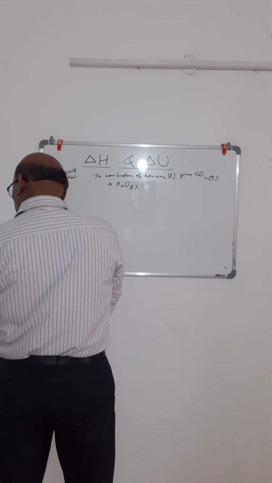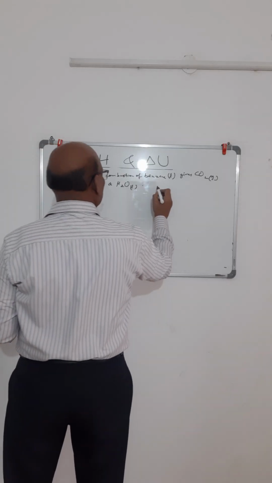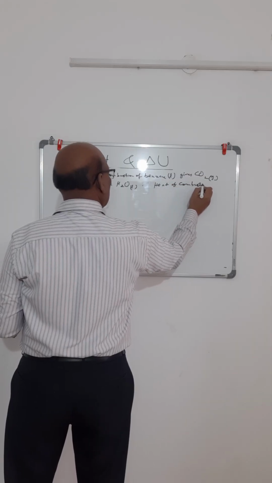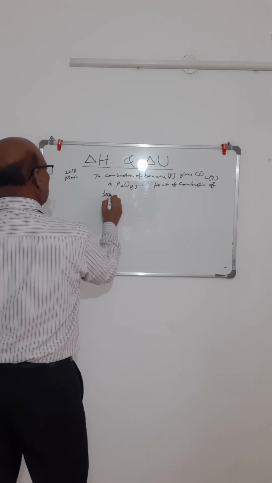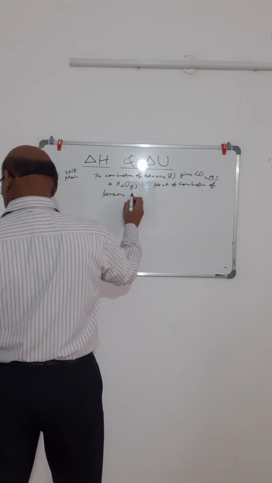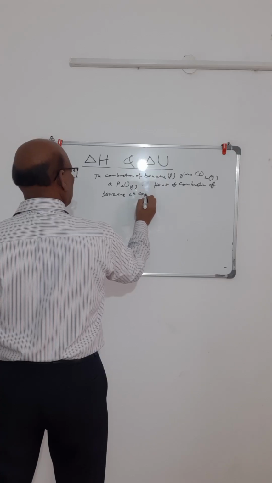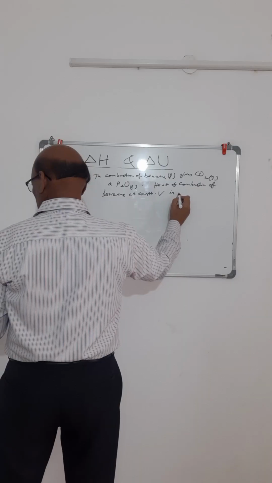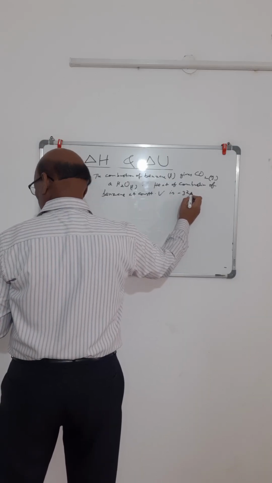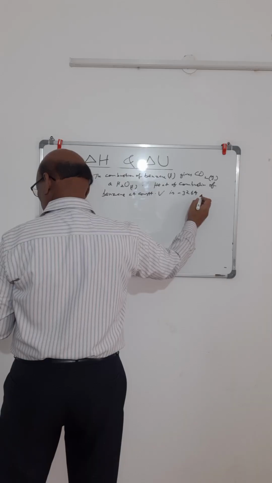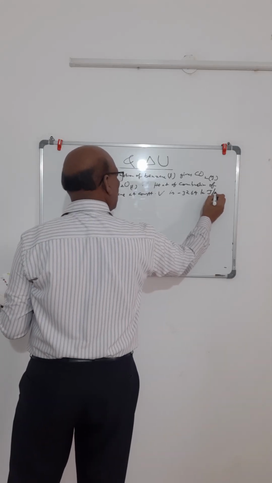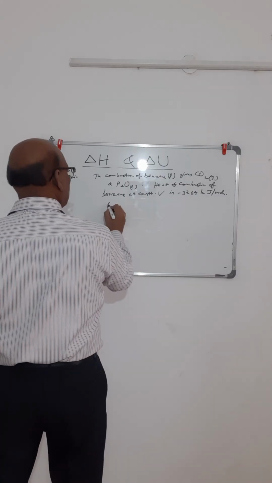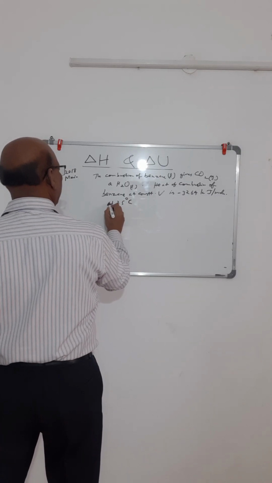Given that the heat of combustion of benzene at constant volume is minus 3264 kilojoule per mole. This is given to us, and this is at 25 degrees Celsius at STP.